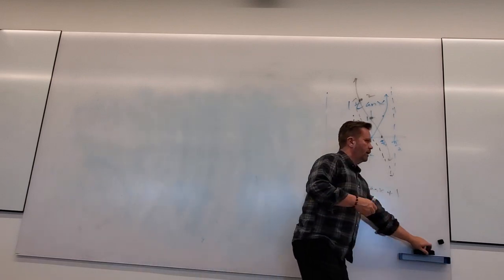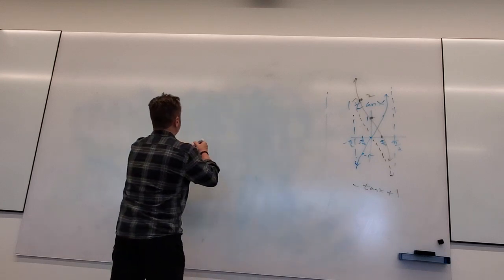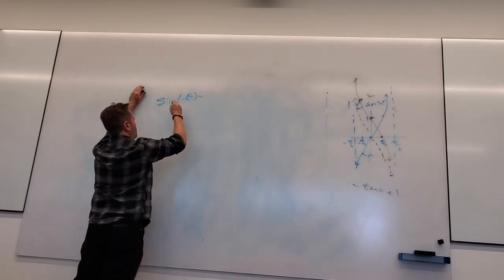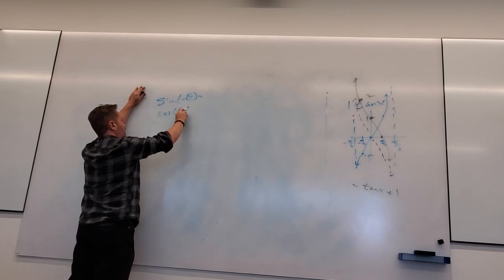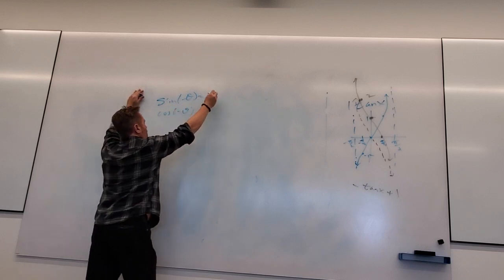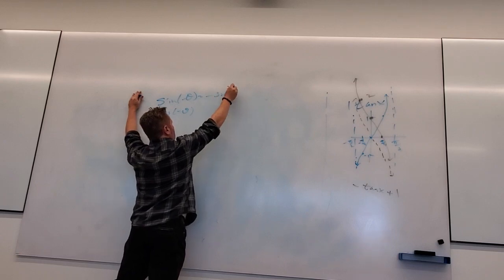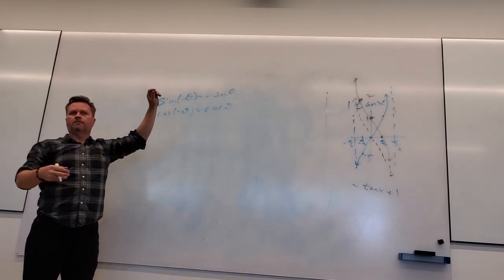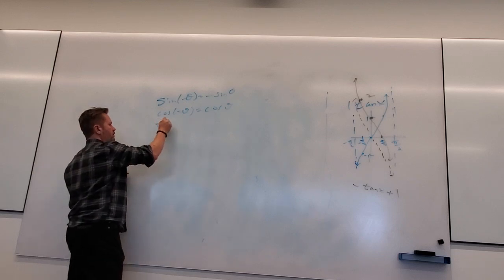So, like I said, you have to know sine of negative theta. What is sine of negative theta? Negative sine theta. This is cosine theta, and then you can build everything else. What must tangent of negative theta be?